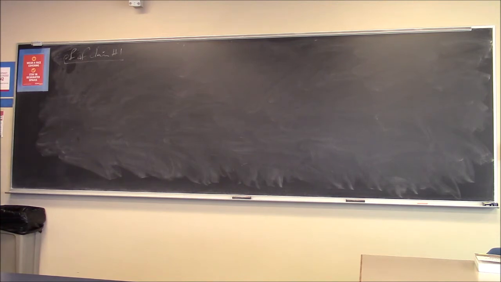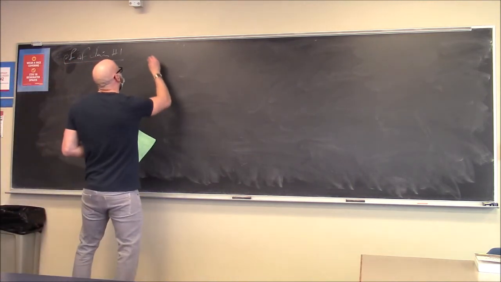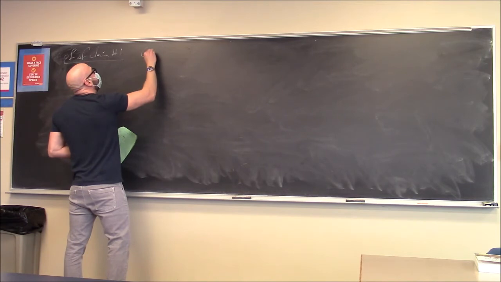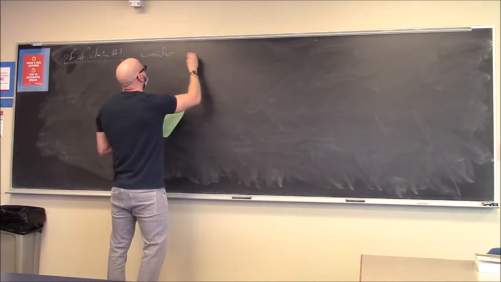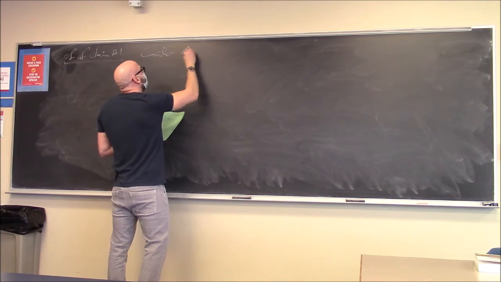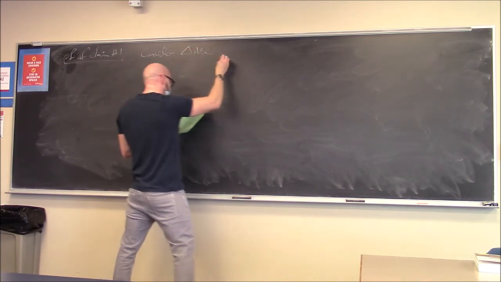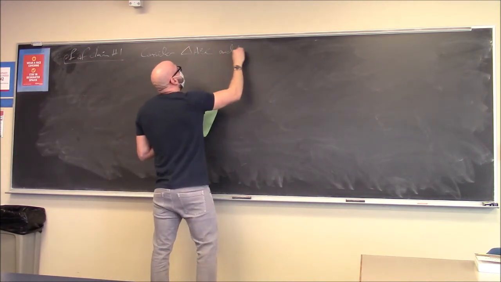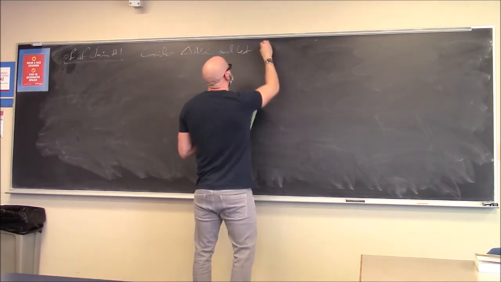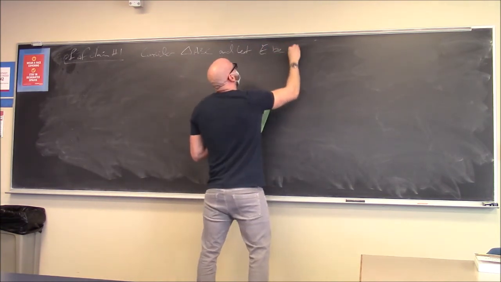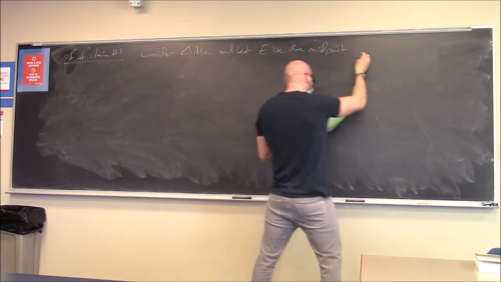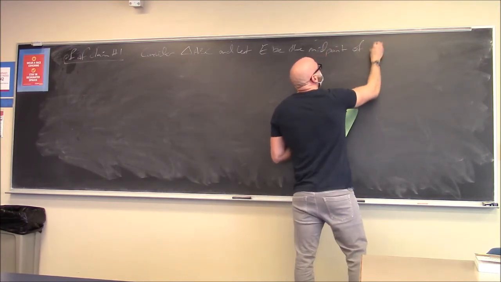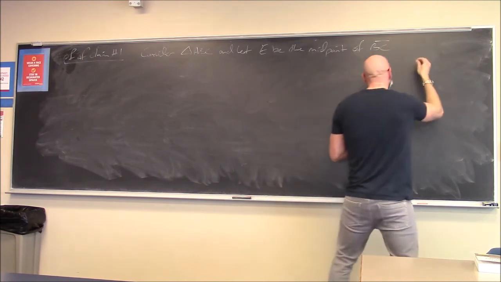First we're going to do a construction we've already done in this class, and a construction you sort of repeat again for homework, so we should be pretty familiar with this. Consider triangle ABC, and let E be the midpoint of side BC.